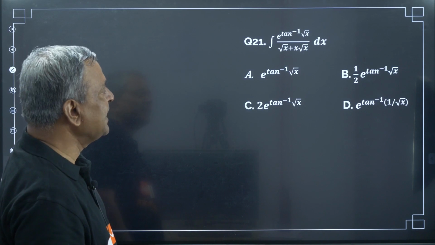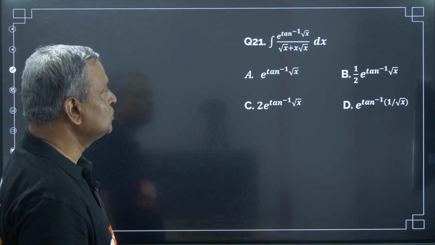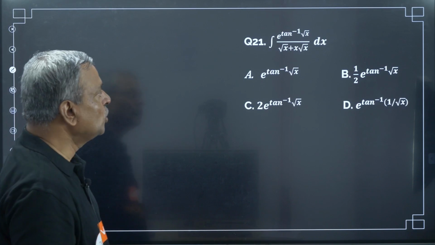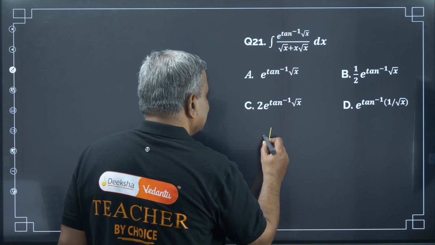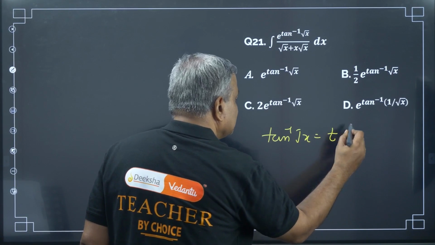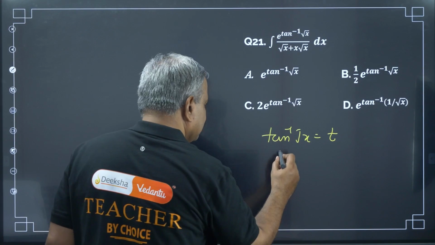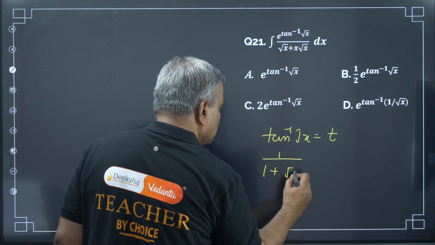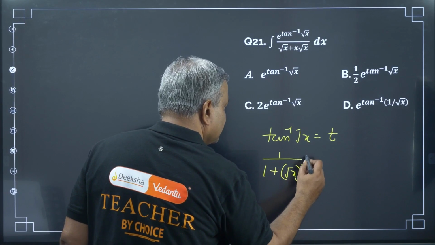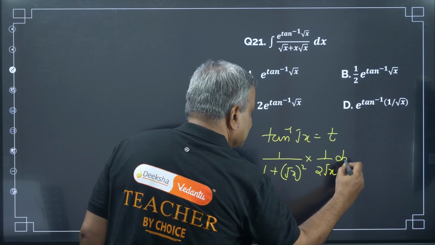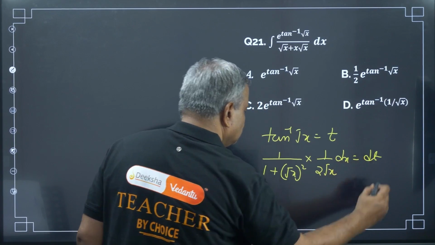Integration of e to the power tan inverse root x by root x into 1 plus x. It's a beautiful question. If we take tan inverse root x is equal to t, what's the derivative? 1 by 1 plus root x whole square into the derivative of root x, which is 1 by 2 root x, dx is equal to dt.